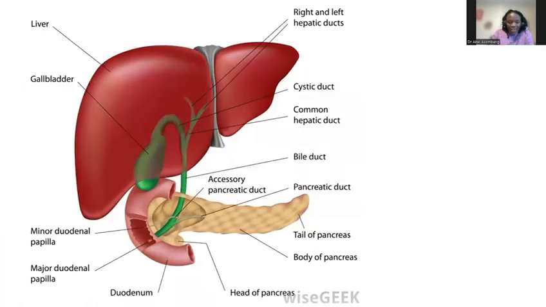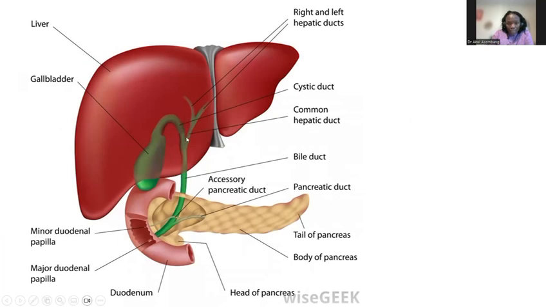So let's look at it again. Similar image. This is the liver. It has the two lobes, a right and a left lobe. And then these are the bile ducts. You've got a duct towards the left, and then a duct towards the right. They meet, come down, then join this duct that's coming from the gallbladder. That's the cystic duct.